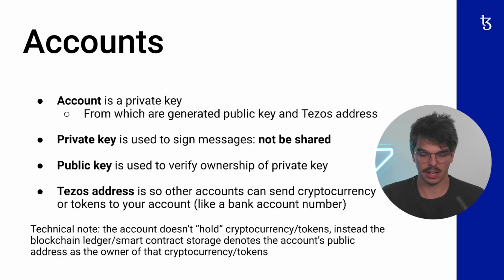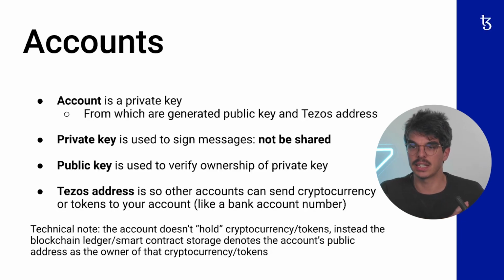There isn't your account that exists somewhere on the blockchain and within it is cryptocurrency or tokens or anything like that. What actually happens is on the blockchain ledger or within the storage of smart contracts, a certain token will be associated with your Tezos address. So actually the ownership of entities on the blockchain doesn't sit within your account.